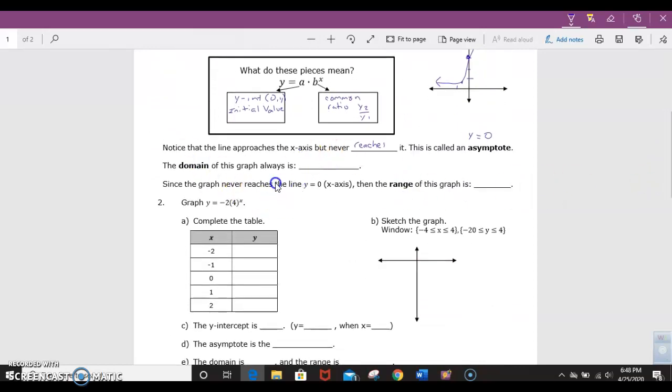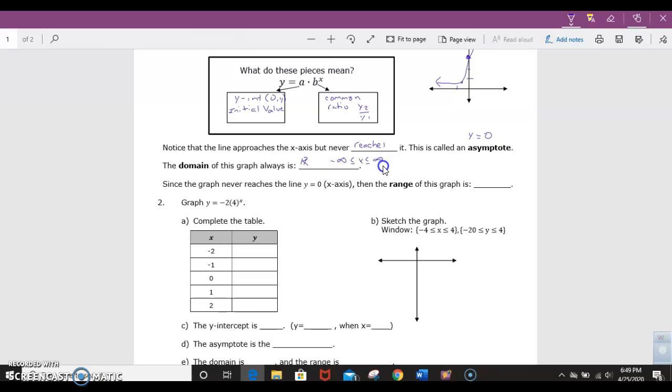The domain for our graph is always going to be all real numbers. And you can write it using the symbol, you can write it using inequalities, or you can write it out in words.